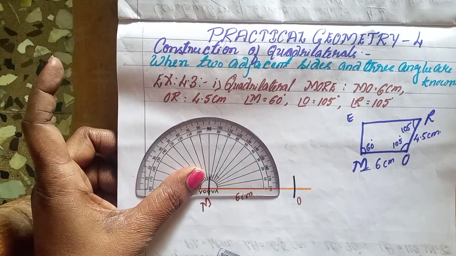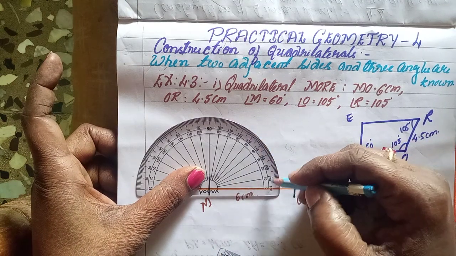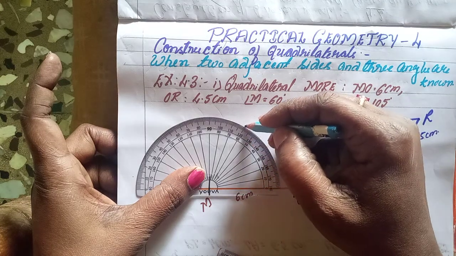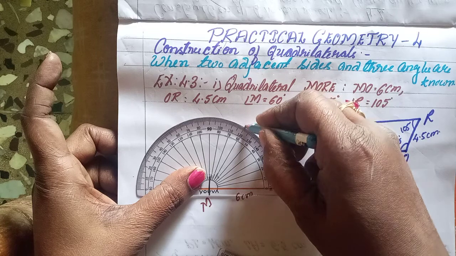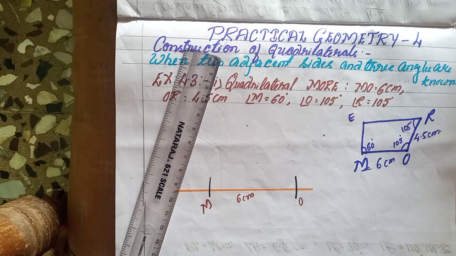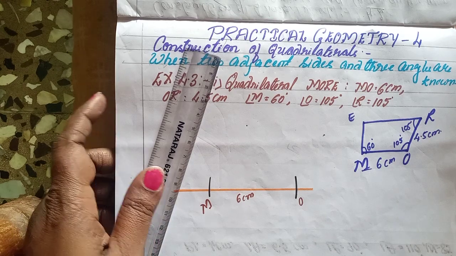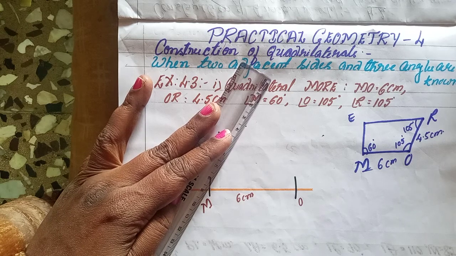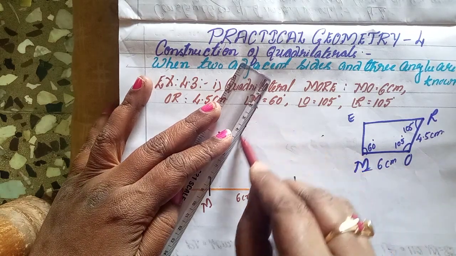How much? 60 degree. That is 10, 20, 30, 40, 50, 60 degree. Like this, we constructed angle 60 degree.